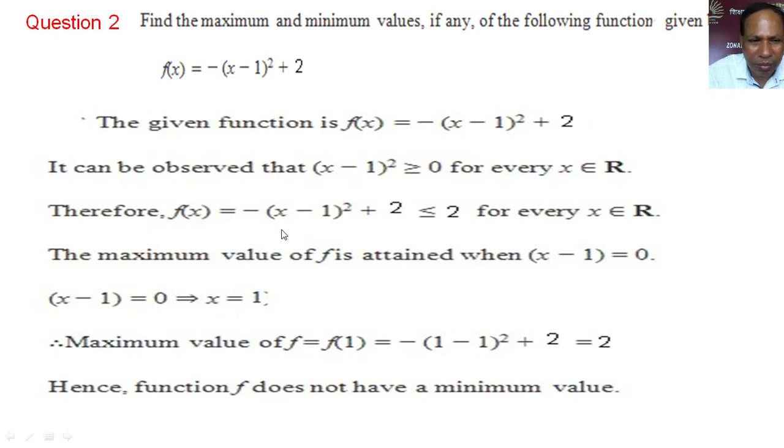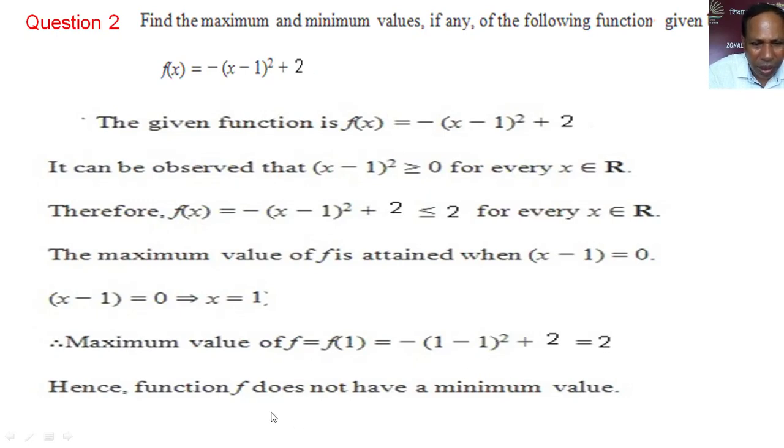That means x minus 1 is 0. So x is equal to 1. So x equal to 1 is the maxima, and the maximum value is 2. Similarly, maximum value of f(x) is 2.